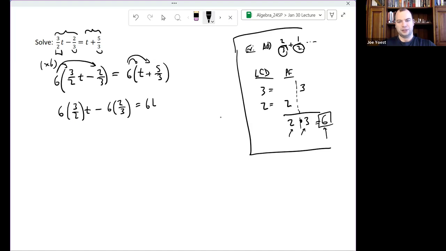Now 6t, I can just make that 6t. Now remember, this 6 is a 6/1. It multiplies against the 3/2 like this.